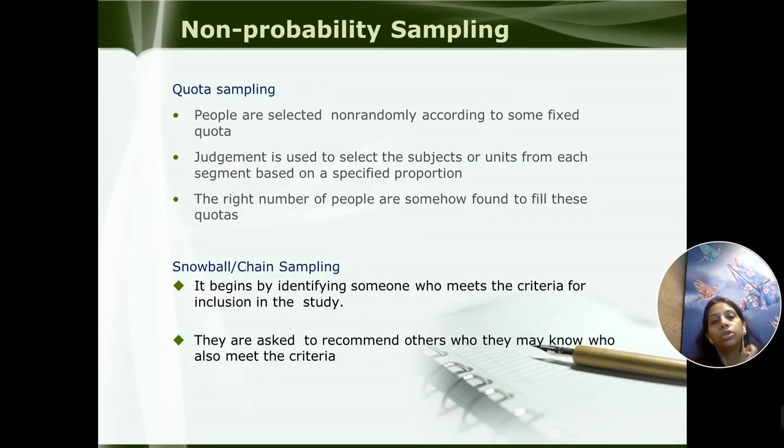Next is quota sampling. So here people are selected non-randomly according to some fixed quota. That is, the investigator pre-decides on a quota. Suppose you consider a similar study, knowing about the anxiety levels in dental students across Maharashtra.